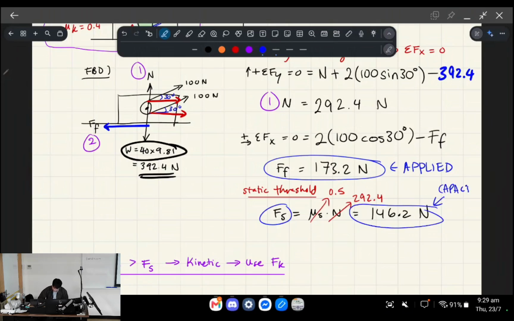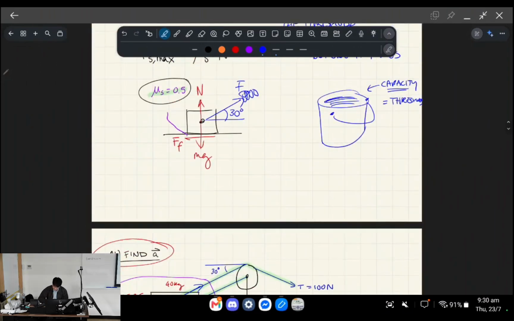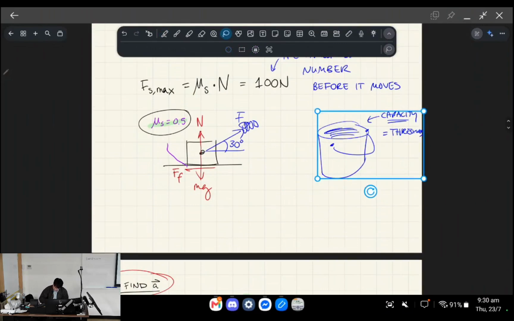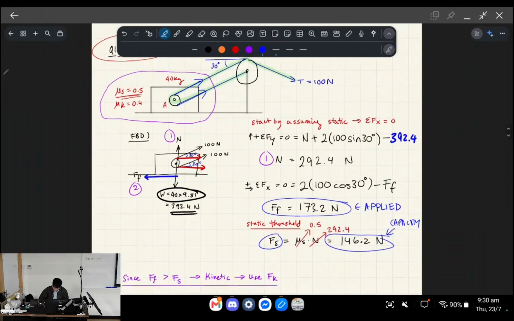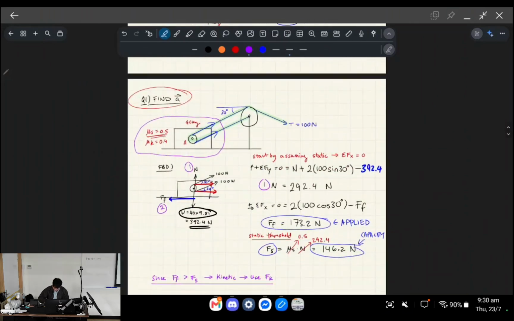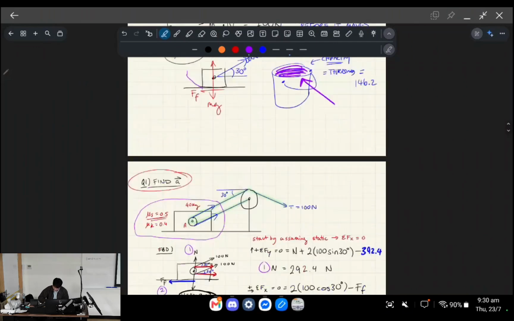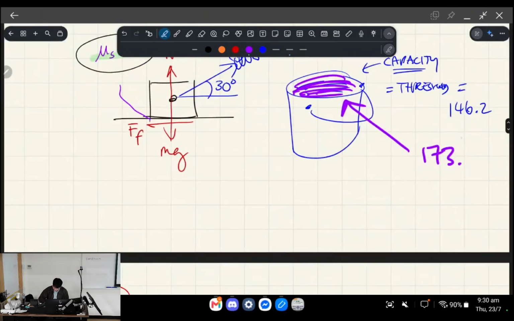Okay, so why was I talking about the bucket earlier, right? So if you imagine that your bucket has a volume, and that volume is this number, 146.2, right? And if you imagine the water that's in the bucket being the applied value, 173.2.